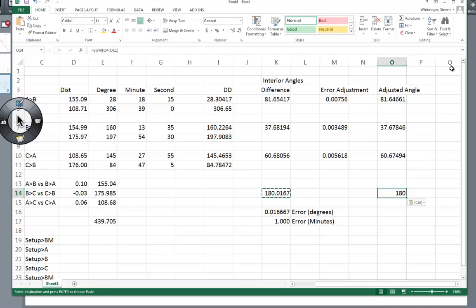So we have our adjusted angles, and now we've got to figure out our lengths. These are our average lengths right here. These are our adjusted angles. This is a weighted average of 2 points. Take 1, 2, add them together, divide by 2, you got your average. So we have our average lengths, and we have our average adjusted angles.